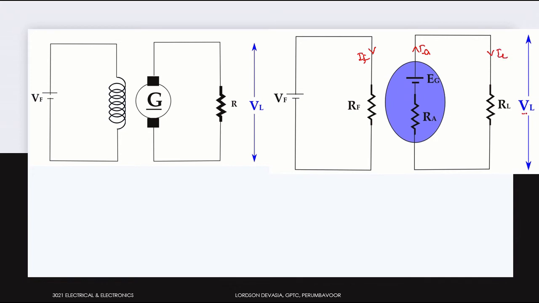So what is the load voltage VL? VL is the current through RL into the load resistance RL, that is, VL is equal to IL RL.